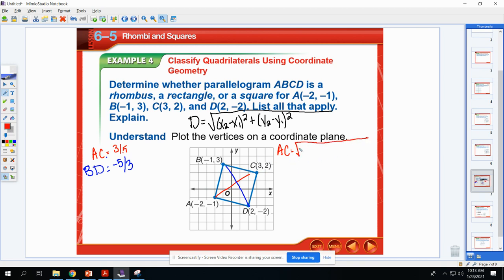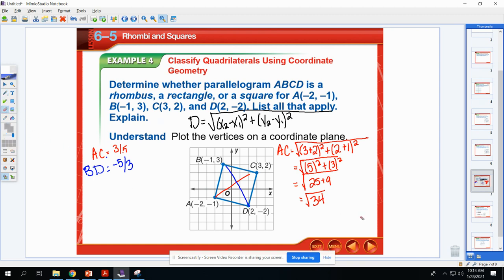If A was x1, y1 and C was x2, y2, this is going to be x2 minus x1, so 3 minus a -2, or 3 plus 2, and y2, 2 minus a negative 1, or 2 plus 1, squared. So here, this is going to be 5 squared plus 3 squared, which is the same thing as 25 plus 9. So we are going to get the square root of 34 for AC.